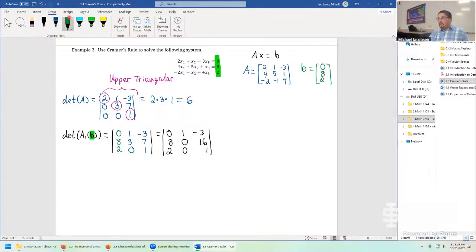At this stage, going down column 1 looks like a good choice. The sign chart for this is going to be positive, negative, positive, negative. Critical thing is we have to switch the sign on this one with that cofactor expansion down column 1. So this will now be -1.